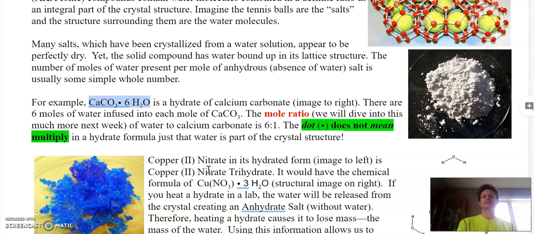Hexa meaning 6, with our 6 H2Os attached to it. So what we're going to be doing is using the empirical formula to figure out the number of moles in this ratio of this anhydrous salt to the water when they're in combination.